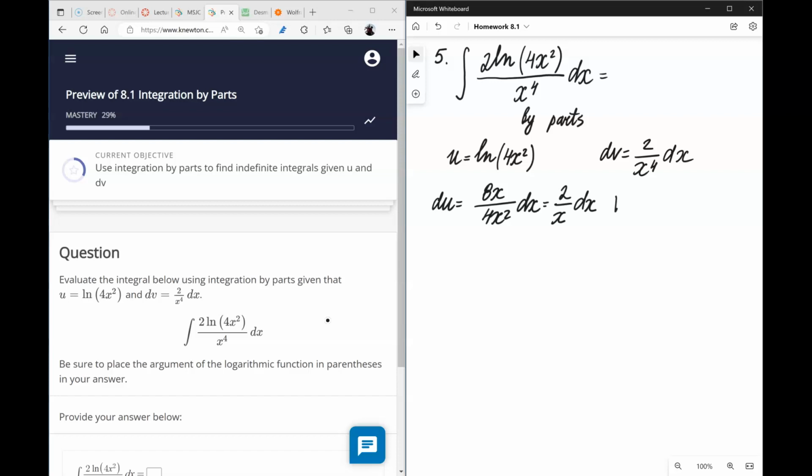And here, to find v, we have to integrate. And it doesn't help me to write it that way, so I'm going to write it in exponential form. So v, and I'm going to rearrange things because we're going to need that extra space anyway.